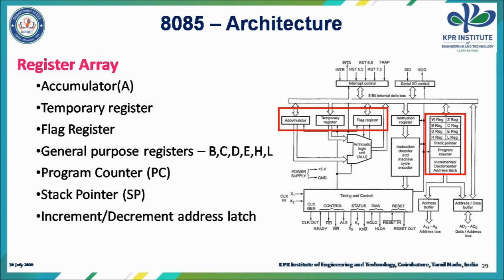Then coming to register array, this register array includes accumulator, temporary register, flag register, general purpose registers B, C, D, E, H and L, a program counter, a stack pointer and an increment decrement address latch. All these come under register array.